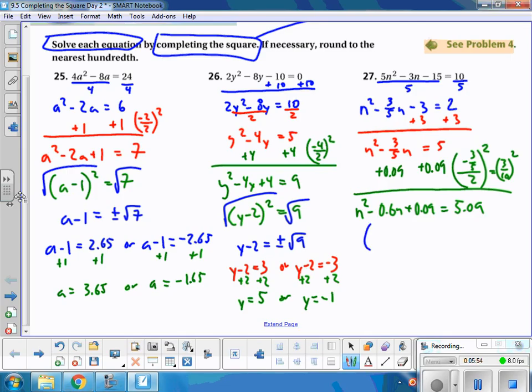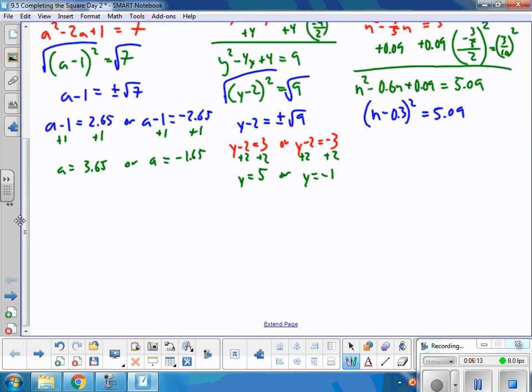The perfect square on this one would be n minus half of my b term, which is going to be 0.3, squared, and this is going to equal 5.09. Let's give ourselves a little space, or a lot of space.